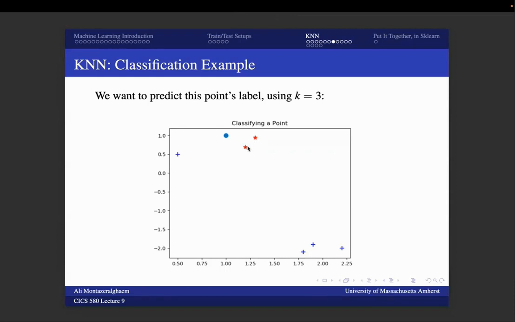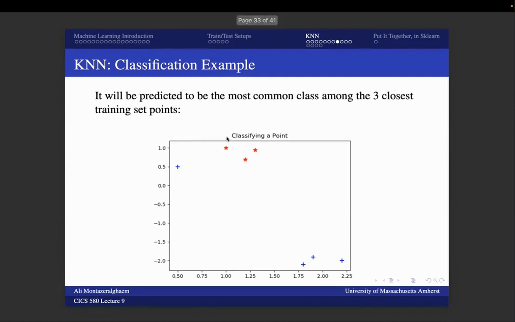I think these 3 are the closest data points to this new data point. Because the label of 2 of them is star, we can predict the label of this data point to be star, right?